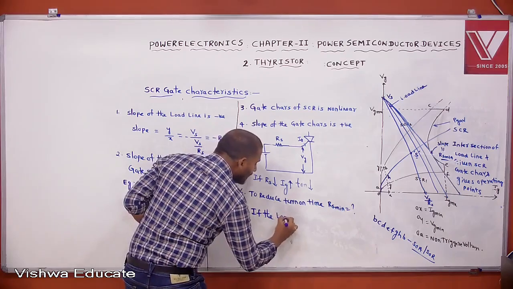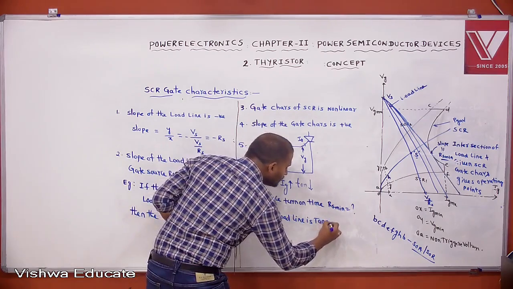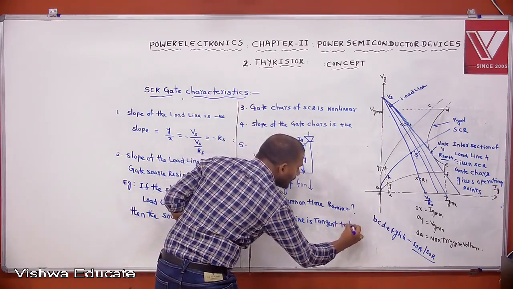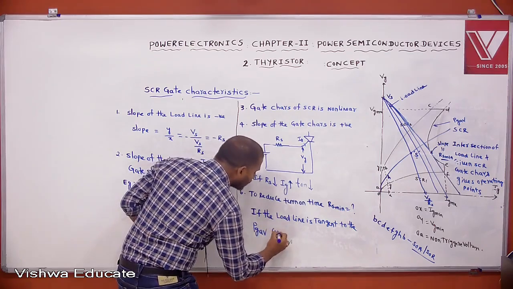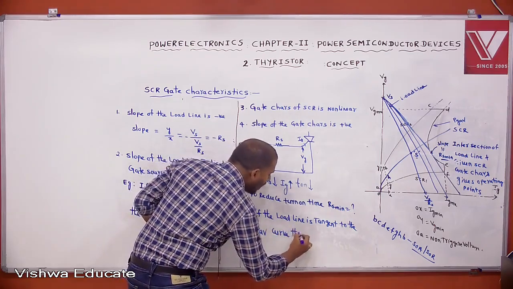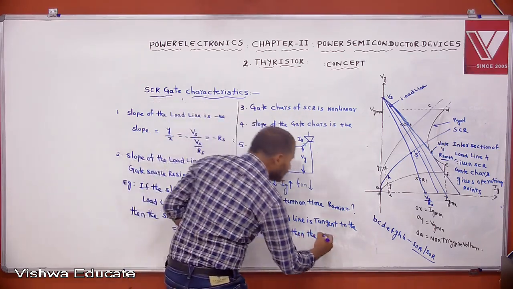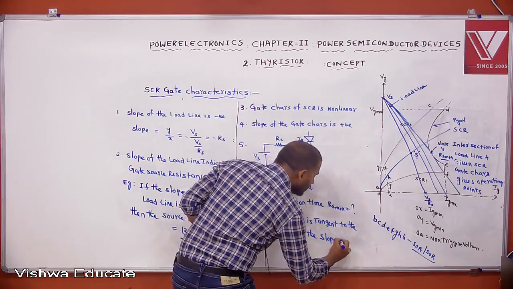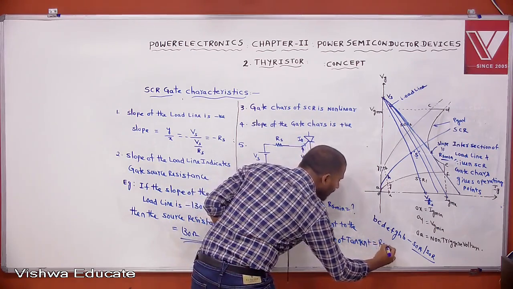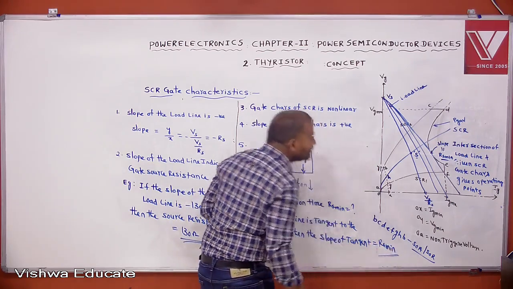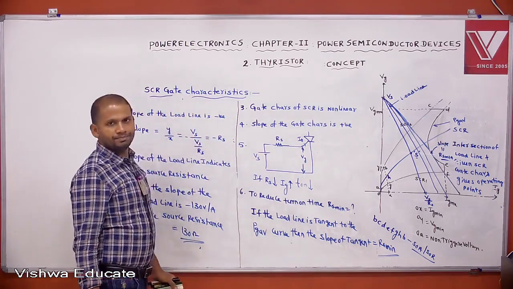If the load line is tangent to the PG(av) curve, the average gate power dissipation curve, then the slope of the tangent gives which value? RS minimum.